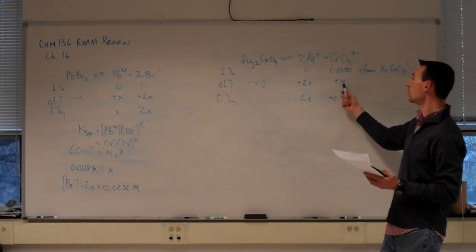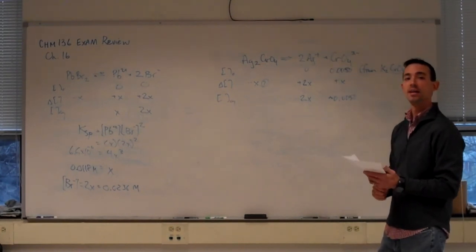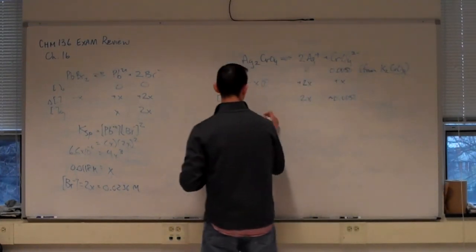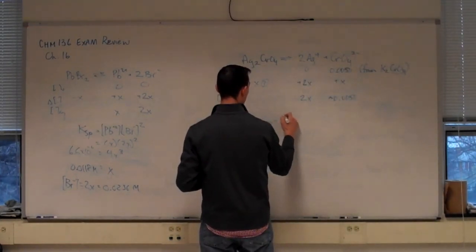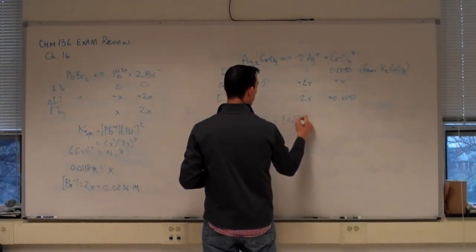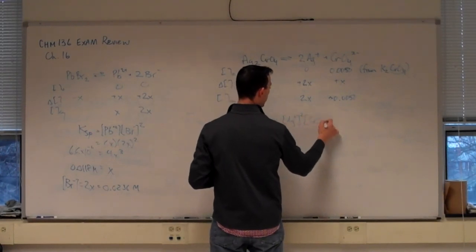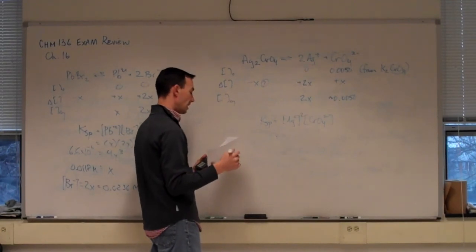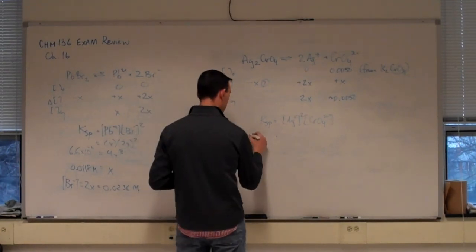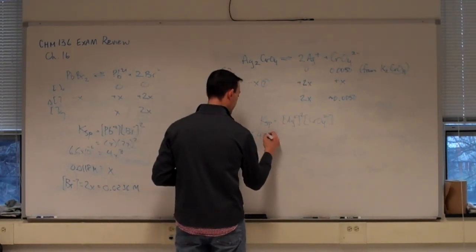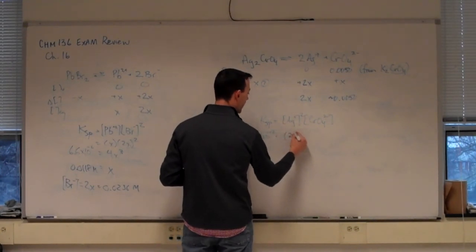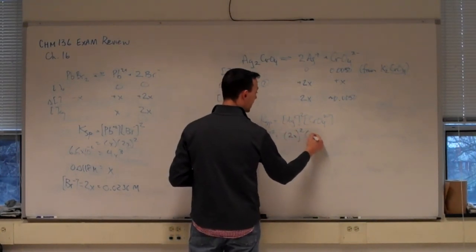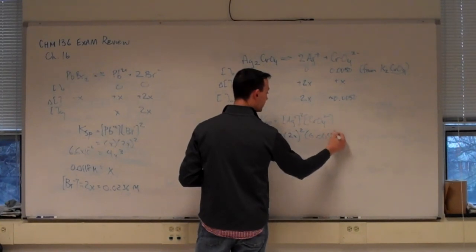So we might as well ignore the tiny bit of x that will be added to it. So our Ksp expression, which is silver squared times chromate, will become simplified. Ksp is 5.4 times 10 to the negative 12, 2x squared times the 0.0050.